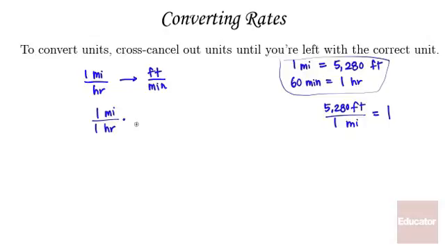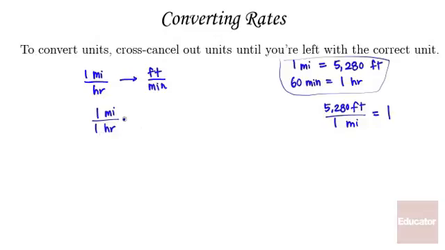Now if I multiply this by 1, I'm not changing it. I can multiply this by 1 if I want, because it doesn't change. So instead of multiplying it by 1, I want to multiply it by this. This is the same thing as 1.